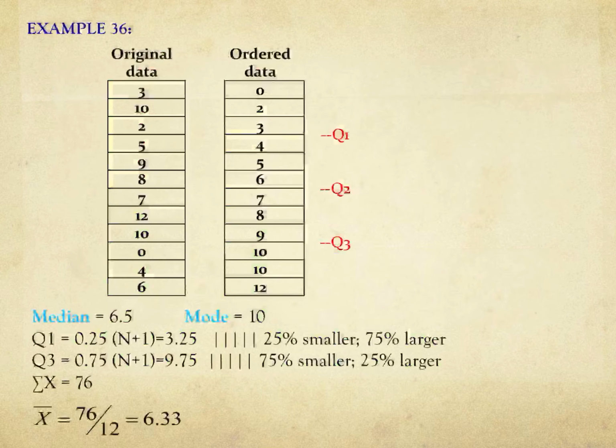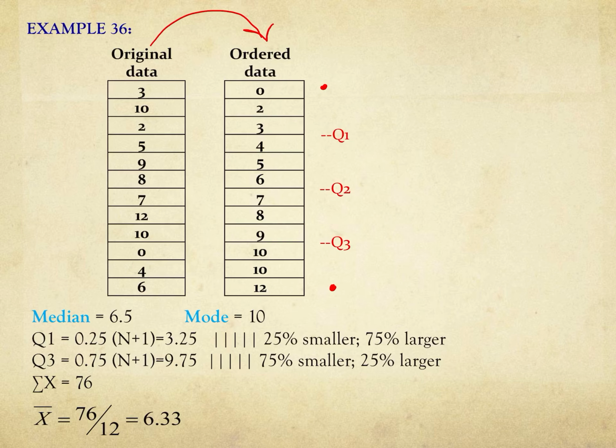In order to calculate them, the first thing we do, remember what we said, is arrange your data set from the smallest to the largest. So that's what we've done. This was the original data set and it's been arranged here.